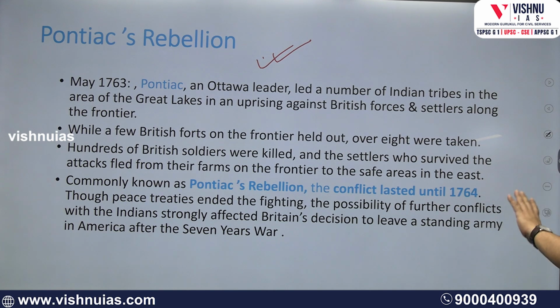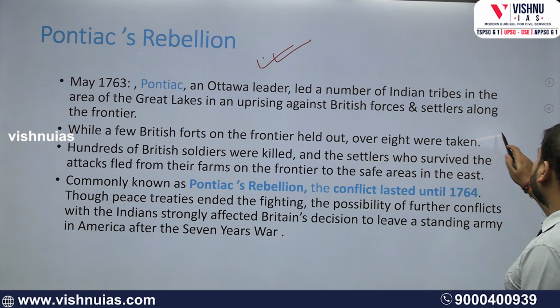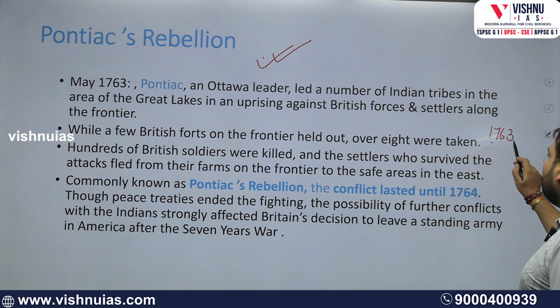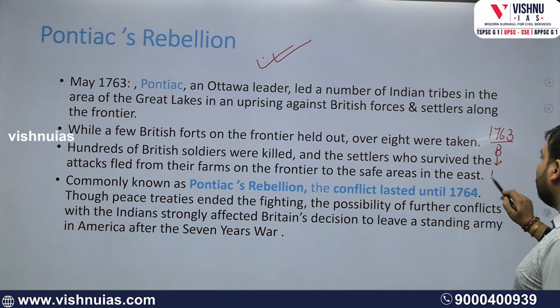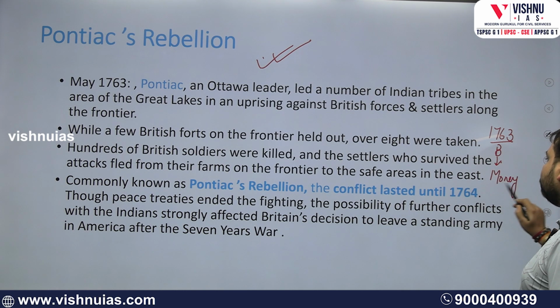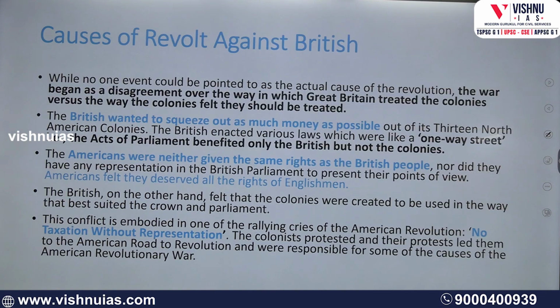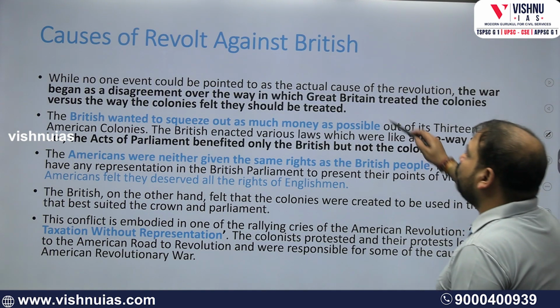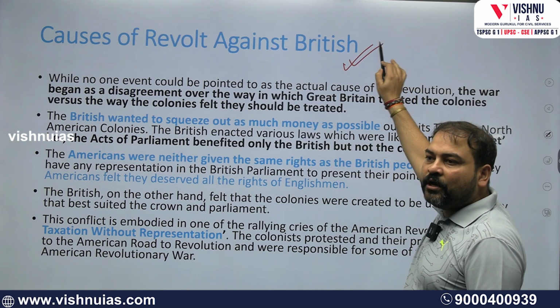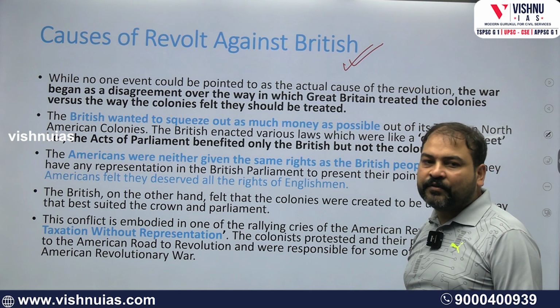Now everyone, for 2 minutes look at the board. The war is over in 1763. Now, Britain requires money. As I said, for this they will put what? Taxes on British colonies. We are going to get into the causes of revolt of the Americans against the British.